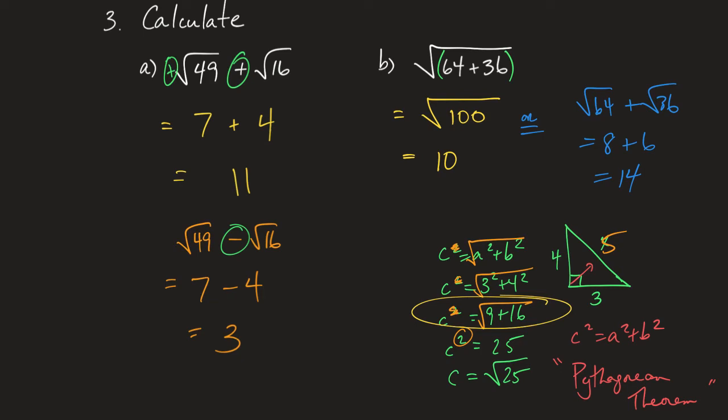Well, we're all good that you calculate the 9 plus the 16, get 25, and take the root. But if I did what you tried to do in the blue, you're going to tell me that C is just 3 plus 4. C's 7. And if C was 7, then why don't we use Pythagorean theorem as just C equals A plus B?